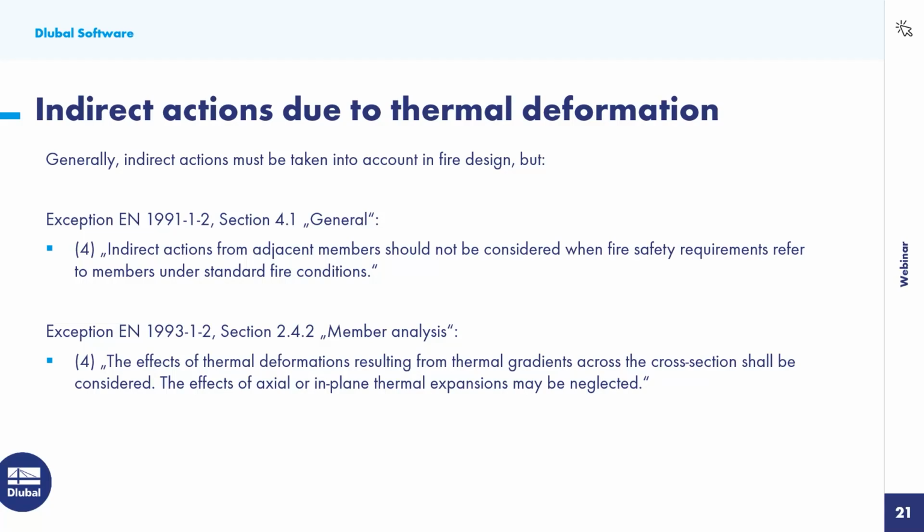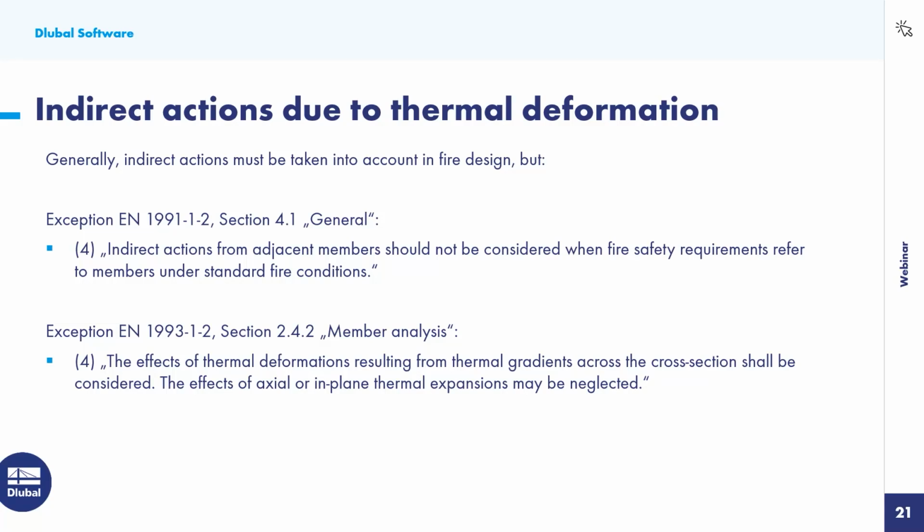However, there could be cases where you could be interested in determining indirect actions due to higher temperatures that must not always be under fire conditions, but could also be, for example, if you have a compartment of a building that is heating up due to some chemical processing or because there's a heater in the room.